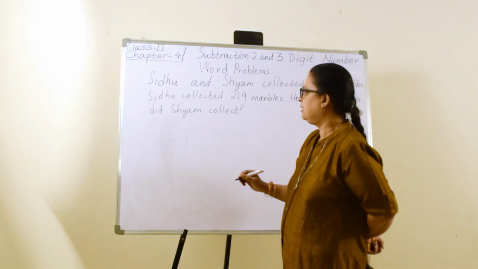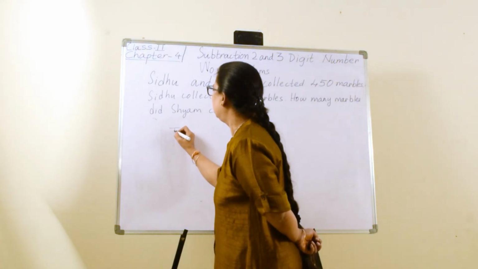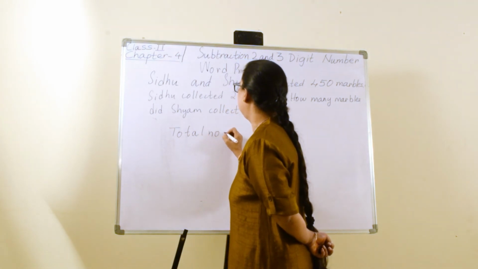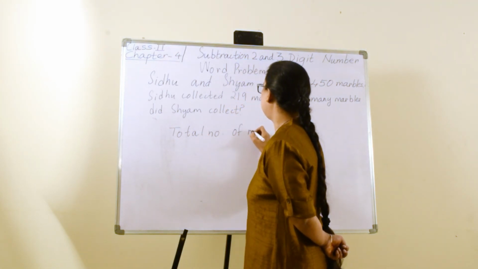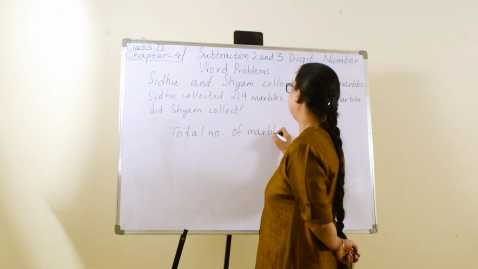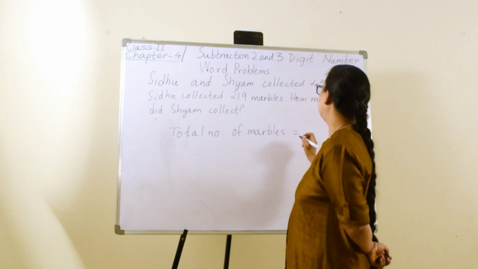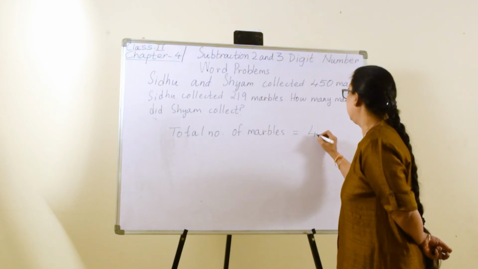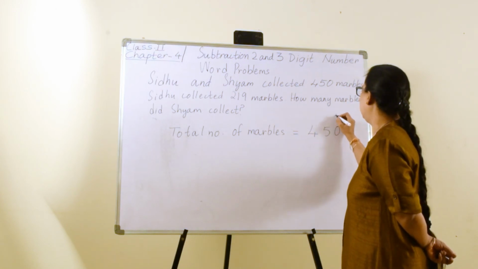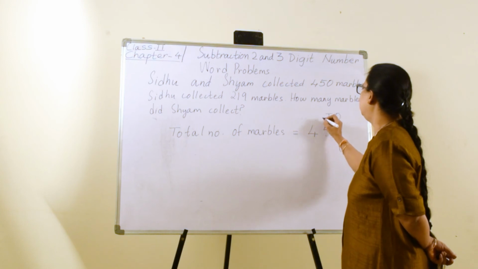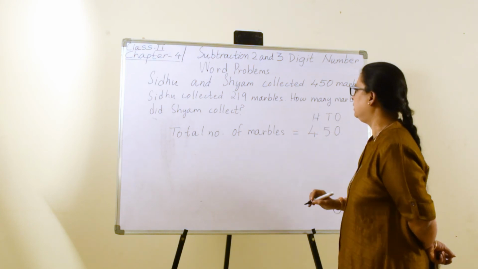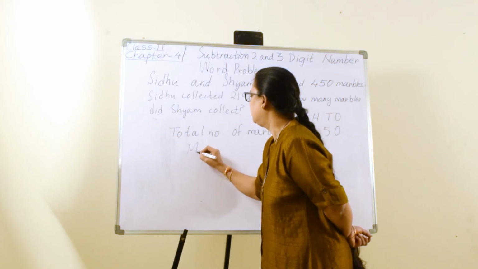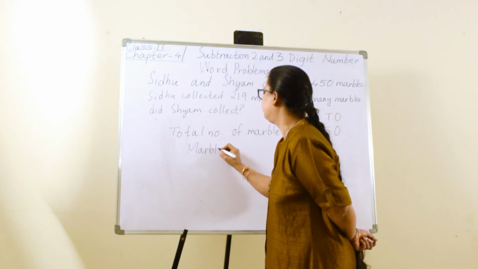So, you can write this statement as total number of marbles collected. Total number of marbles. So, how many? Total number is 450. So, write this. Write the column also here. Right? So, marbles collected by Sidhu.